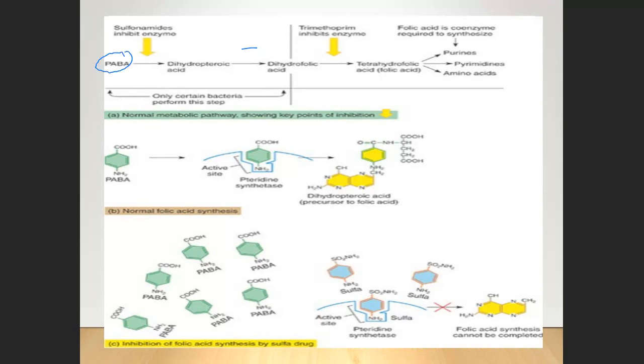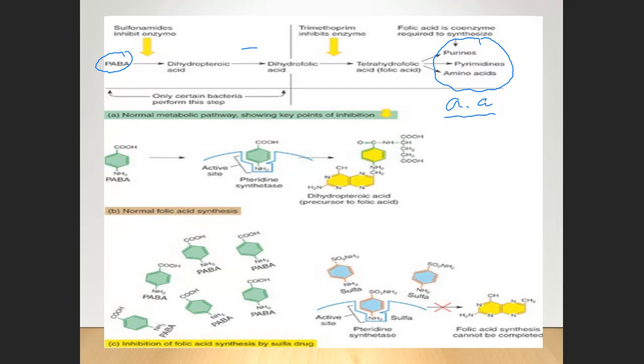Okay, so this is the normal process for bacteria to produce the product over here. This product is an amino acid that is important for them. They need this amino acid in order to perform their processes, maybe growing or reproduction.